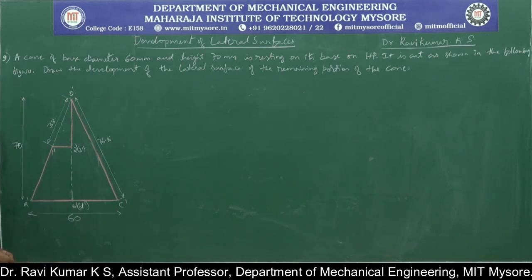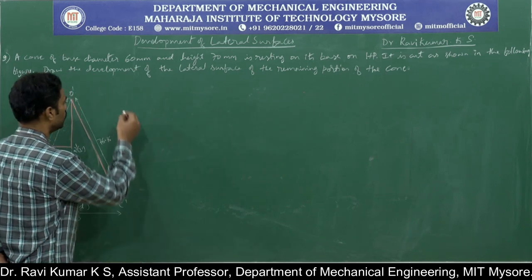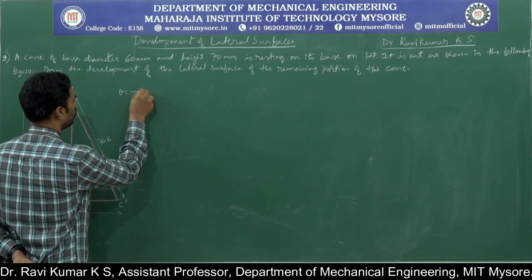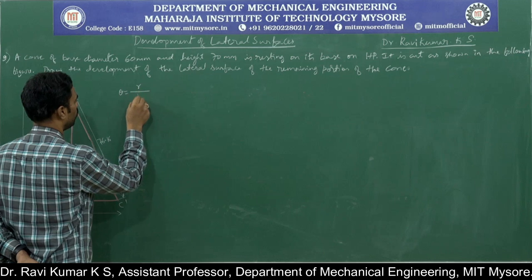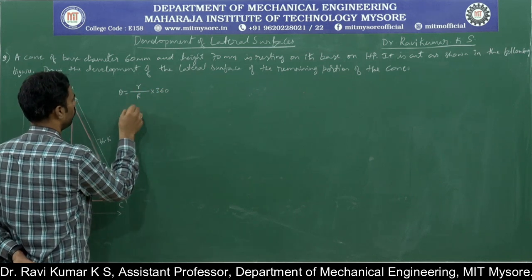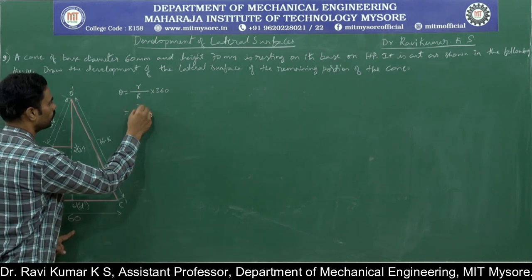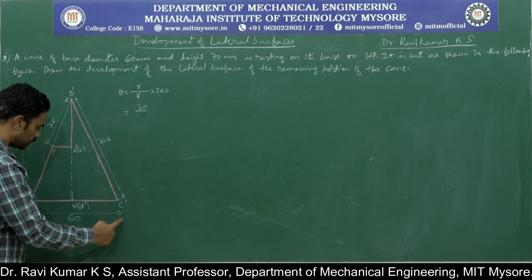Now we need to draw the development. Before drawing the development, I need to calculate the angle theta. To calculate angle theta, the formula is small r divided by capital R into 360, where small r is the radius of the base circle, which is 30, because the diameter is given as 60.